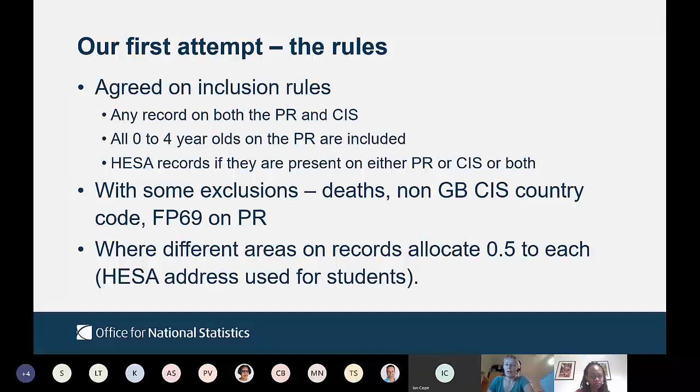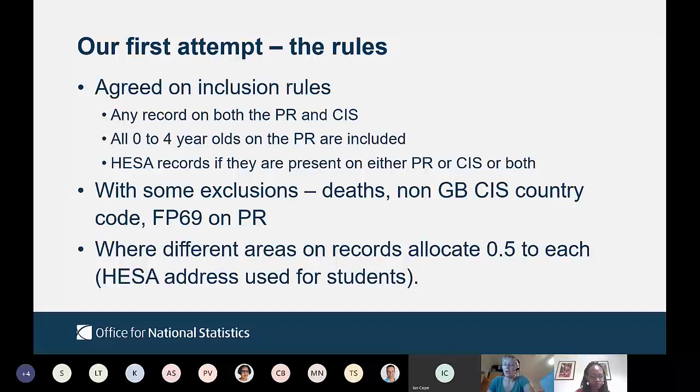So to try and filter out some of those people, we included records that appeared on both sources. We included all children aged 0 to 4 who were on the patient register only, because fewer of them would have been on our CIS, Customer Information System.